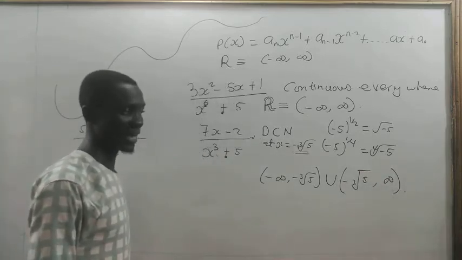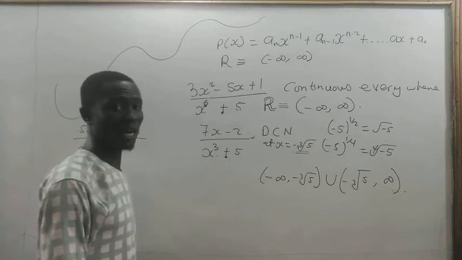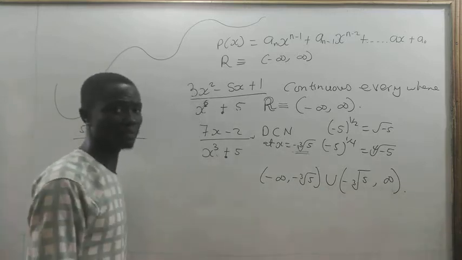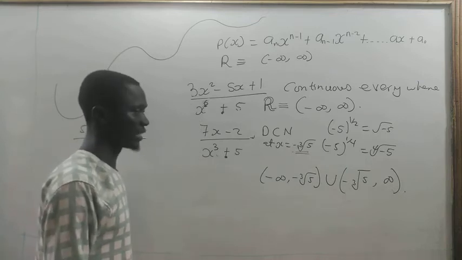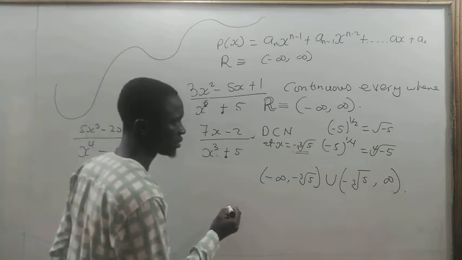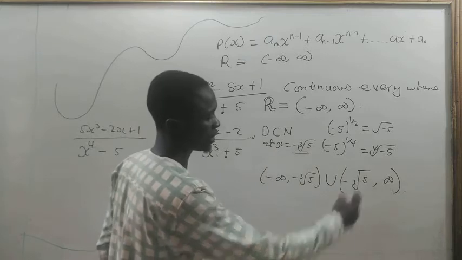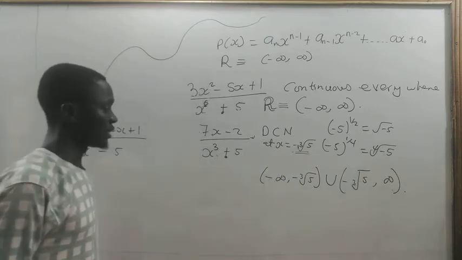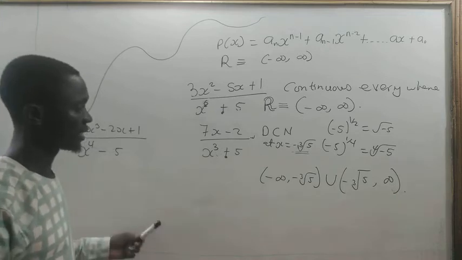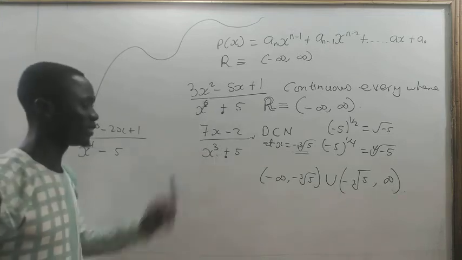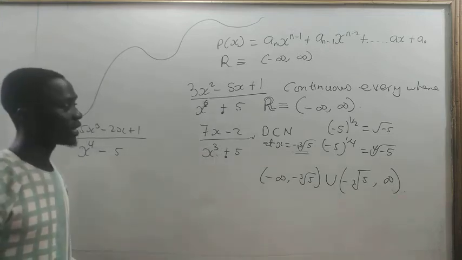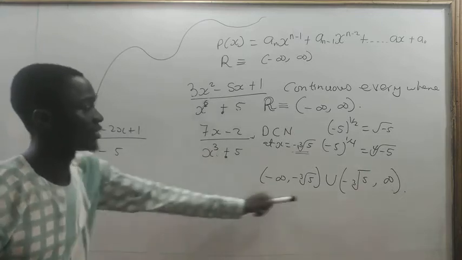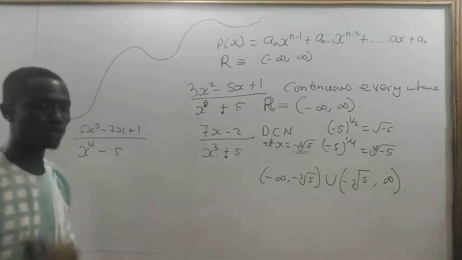The endpoints are not included. It is an irrational number, so we cannot represent it exactly on the number line. So that will be the interval of continuity, not discontinuity.